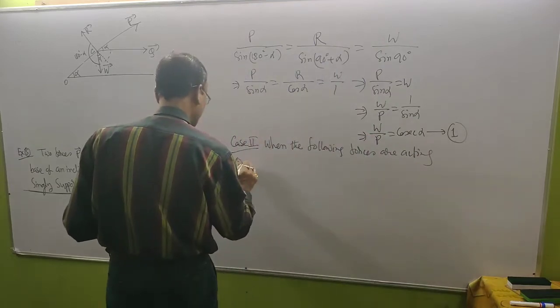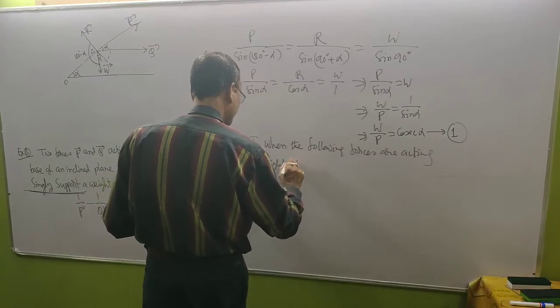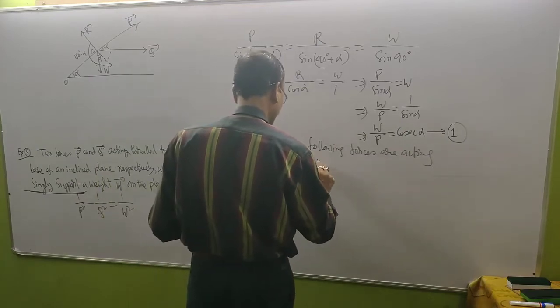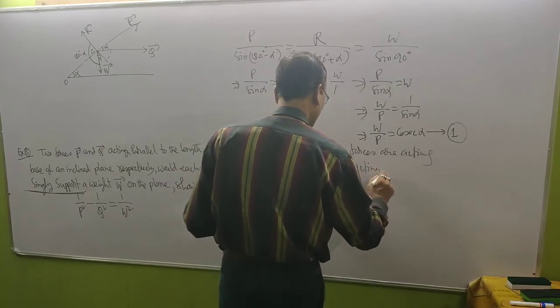Number 1, the weight W of the body acting vertically downwards.